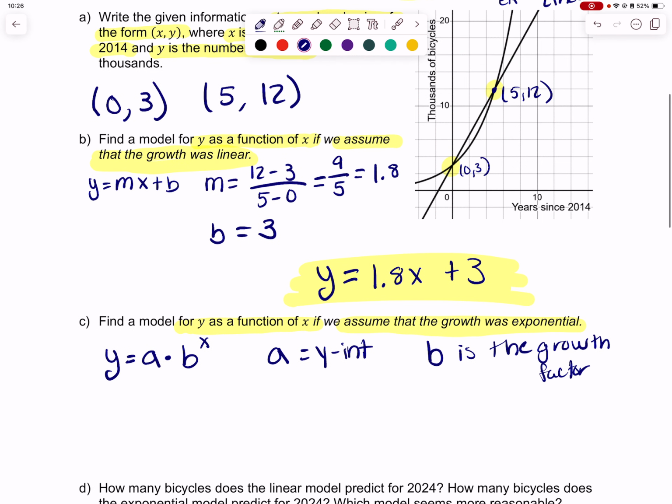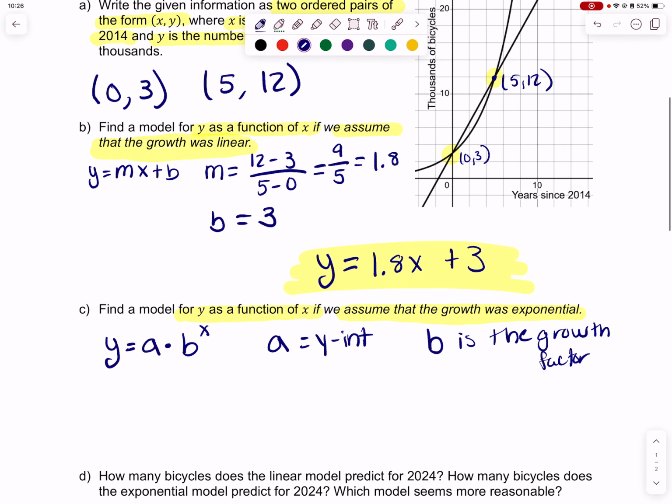And that is then that b, the growth factor value. So here we have that our a is equal to 3 for our y-intercept. And then b, well, I need to think about 3 times what, in this case b, is going to be equal to that second y value of 12.